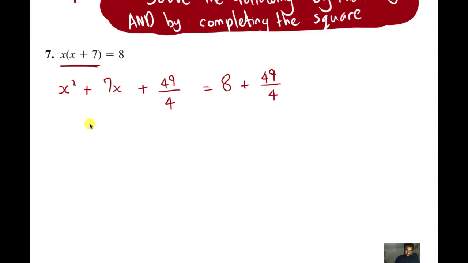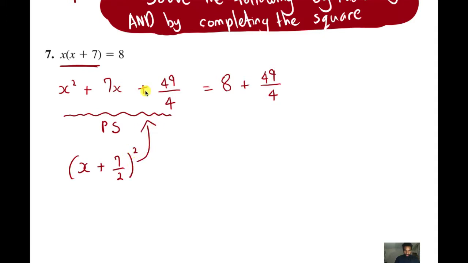Well, it turns out that that little algorithm we just applied to the left side of the equation made it a perfect square. So this is now a PS, a perfect square. And its roots are x and this number here, plus 7, divided by 2. So x plus 7 over 2 all squared should expand out to that thing up there.